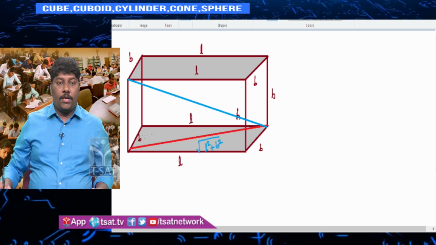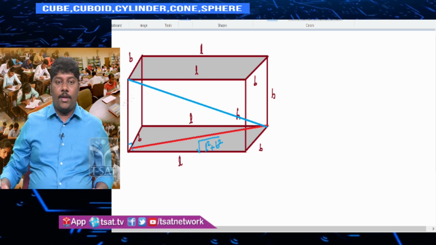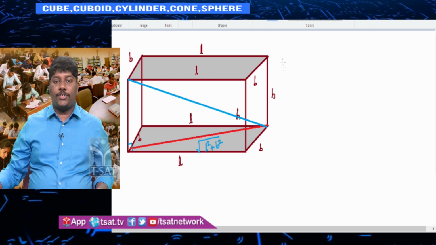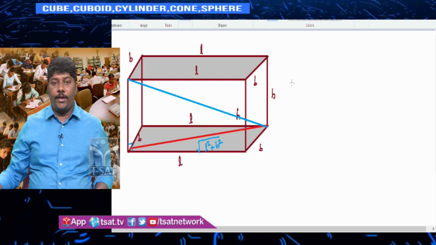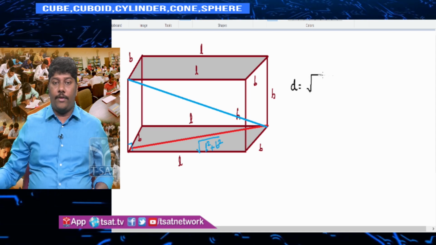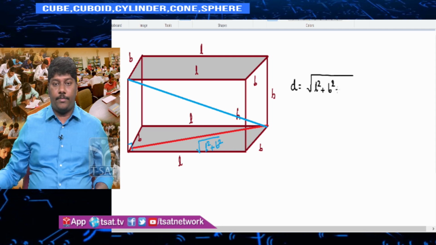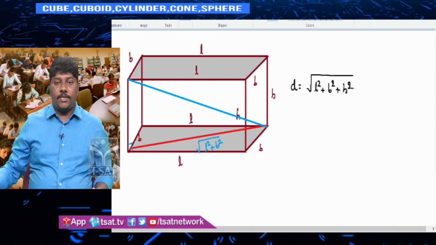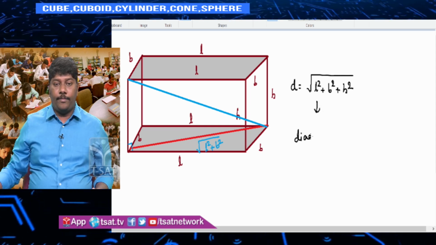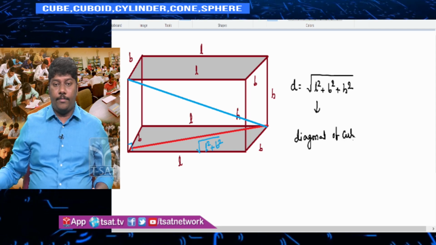If you apply the Pythagoras rule to H and this diagonal, then you will get the largest possible distance inside a cuboid, that is the diagonal of the cuboid is equal to under root of L square plus B square plus H square. So, this is the largest possible distance inside a cuboid. It is the diagonal of the cuboid.